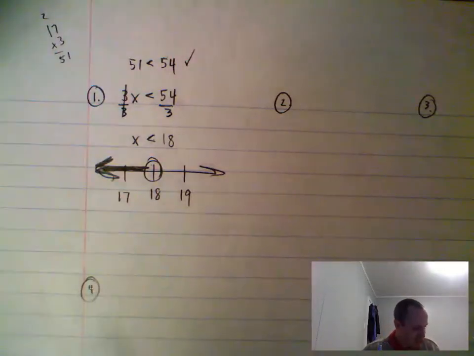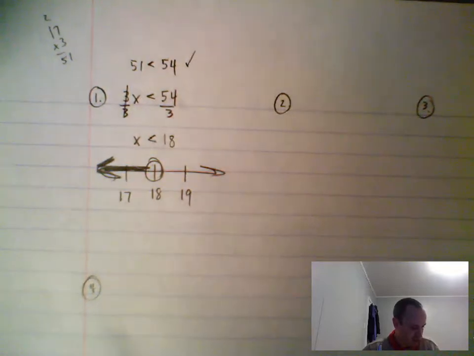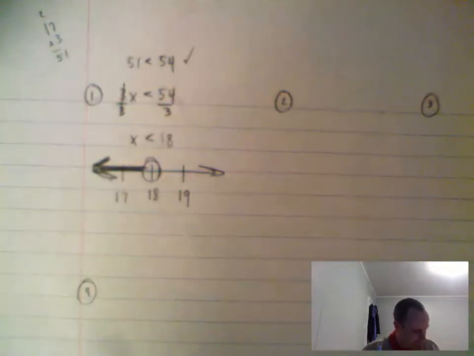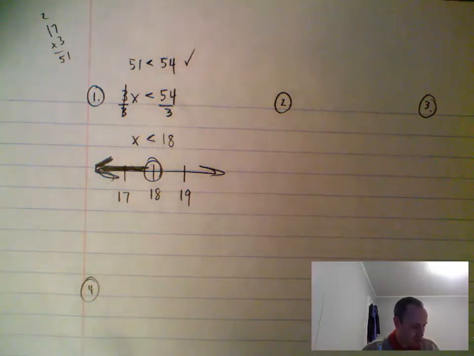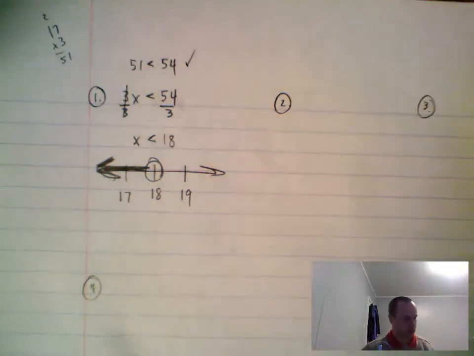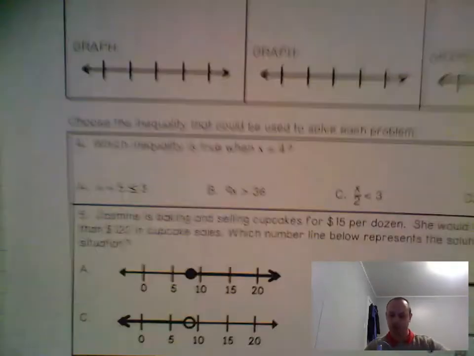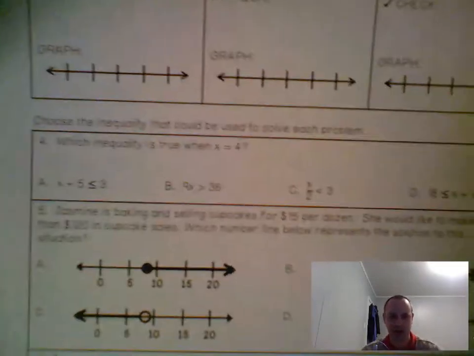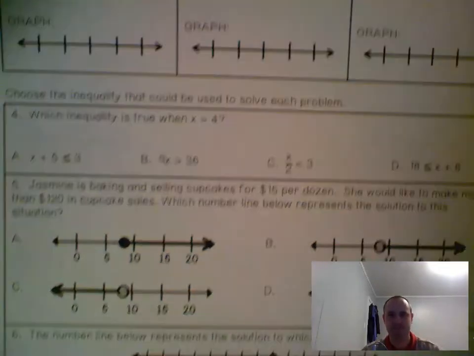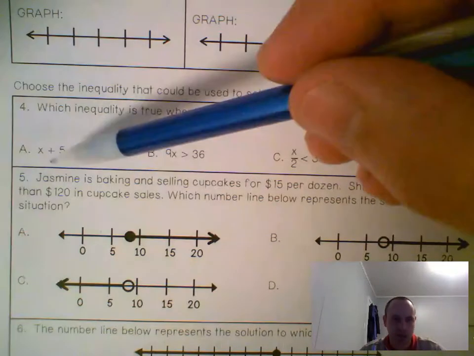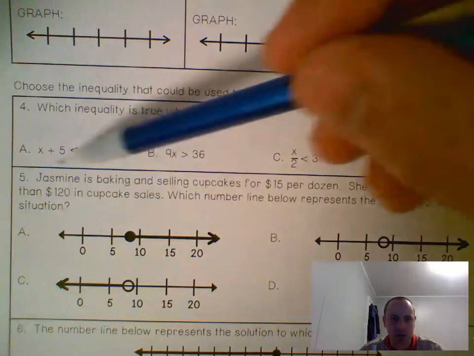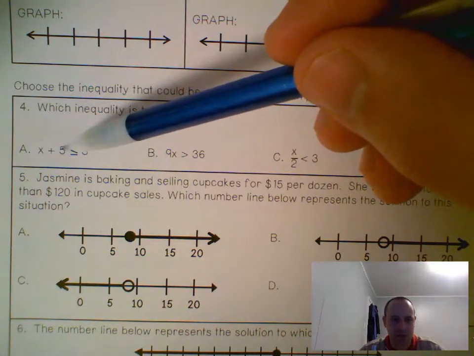4 says, choose the inequality that could be used to solve each problem. Which inequality is true when x equals 4? So we're right here on this problem. All right, let's just start plugging in 4. So when we plug in a 4 here, what's 4 plus 5?